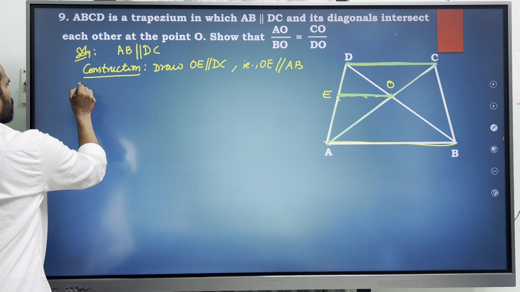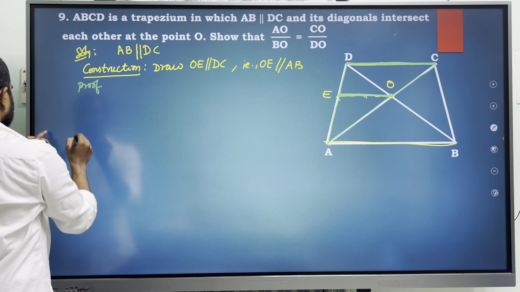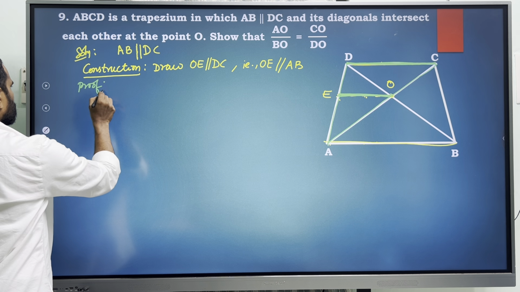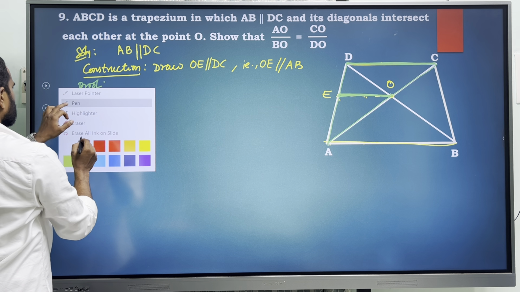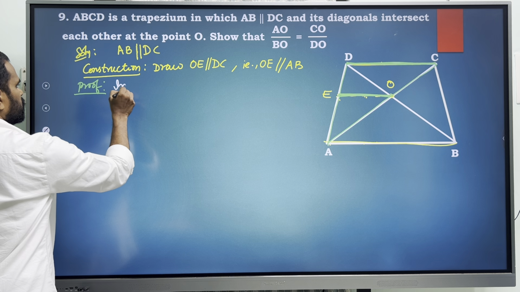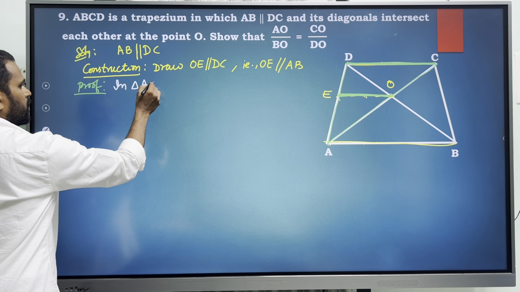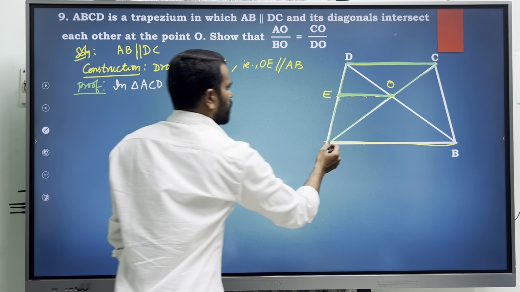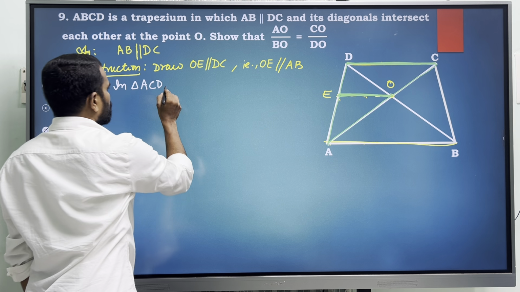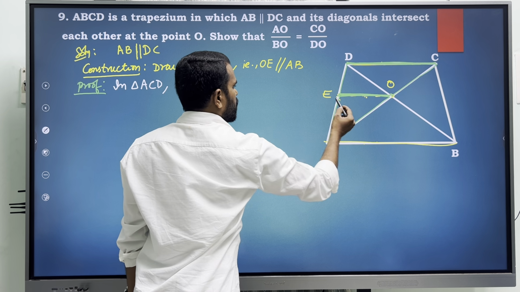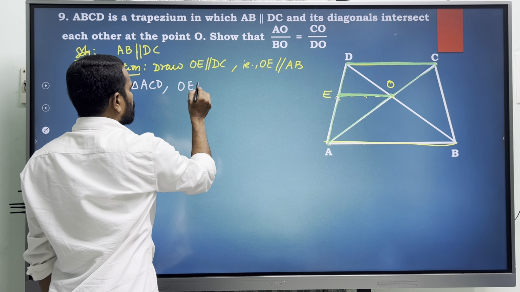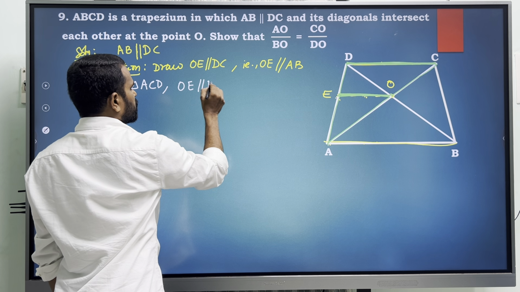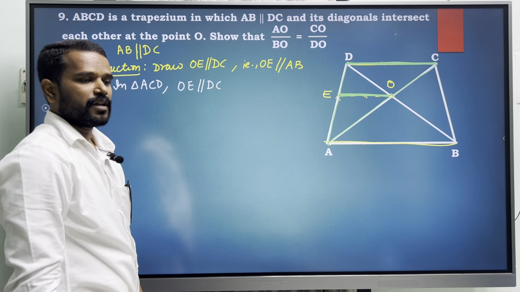Proof: in triangle ACD, OE is parallel to DC, right?